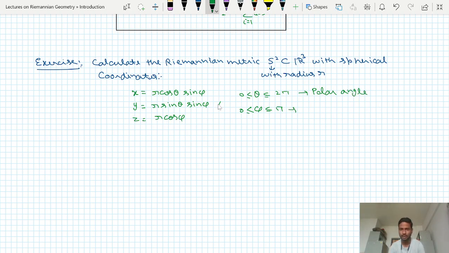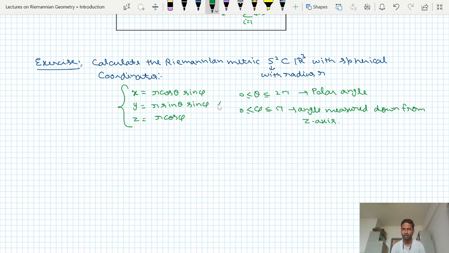This is the angle measured down from the z-axis. I hope I don't need to explain this because this is your undergraduate calculus. In your undergraduate calculus, you have derived these spherical coordinates using the polar coordinates and everything. So figure out the Riemannian metric using this.